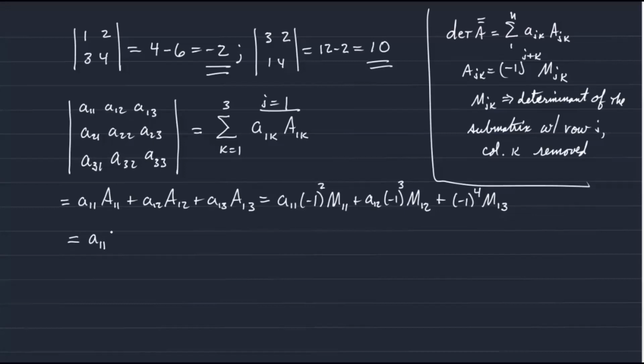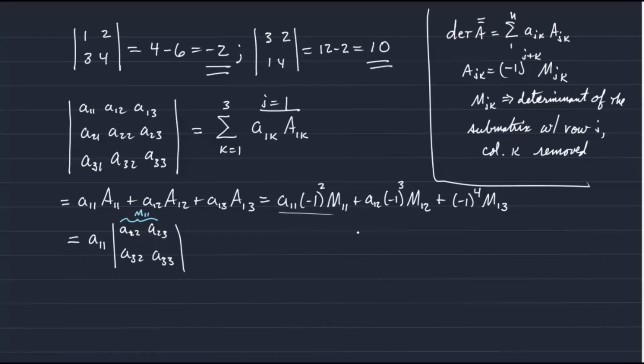So that's A11. And now remember, we have to remove row 1, column j, and take the determinant of that submatrix. And that submatrix is A22, A23, A32, A33. This is M11, the determinant of the submatrix when we remove the first row and first column.